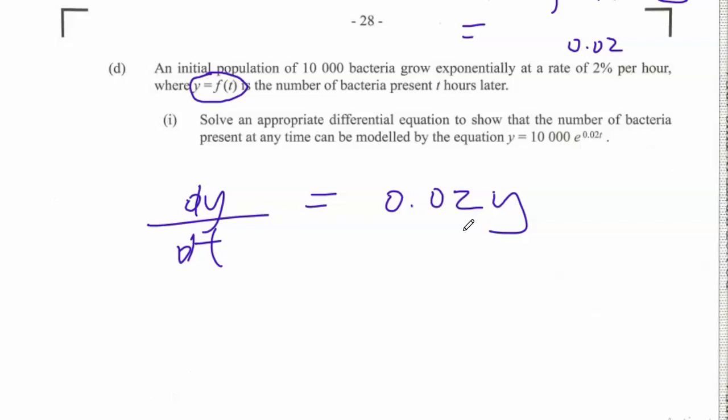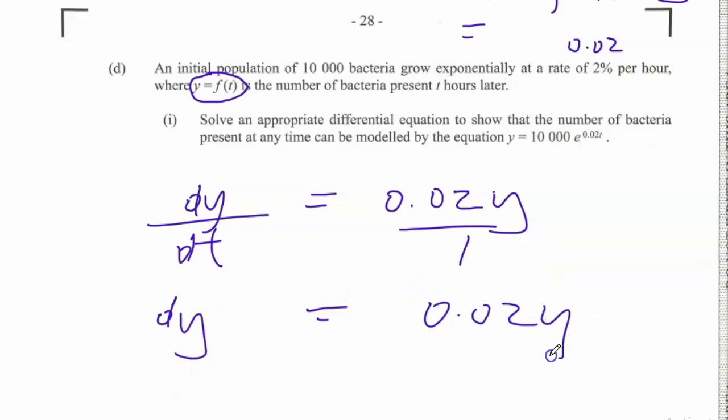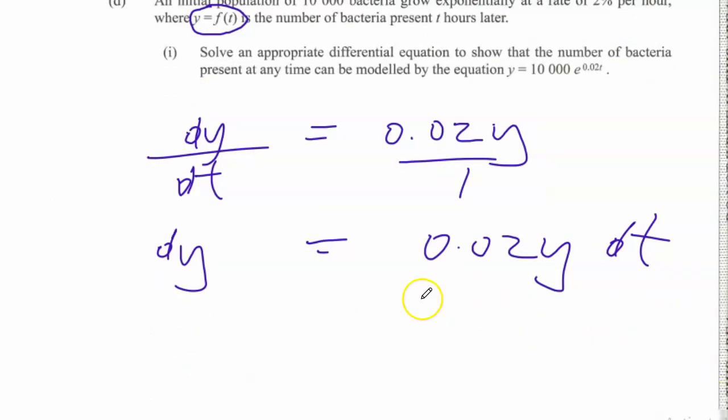Before we integrate both sides, we want to separate y from t. So if we cross multiply, we end up with dy equal to 0.02 y times dt.